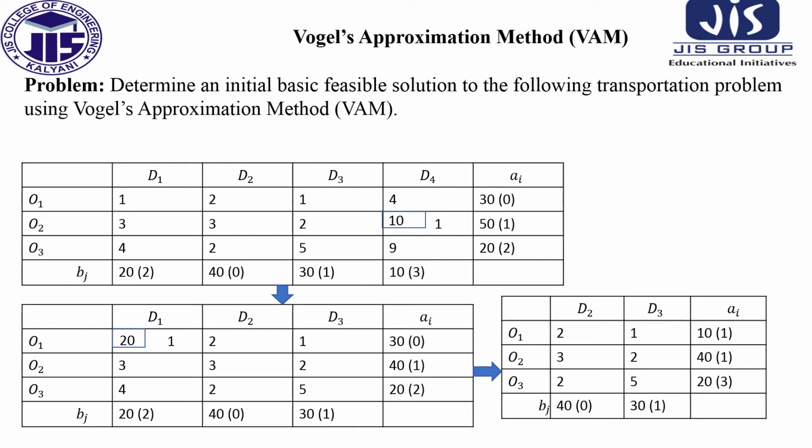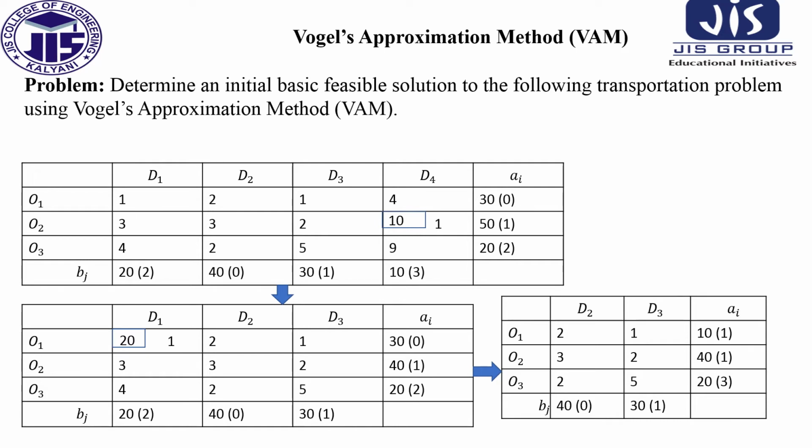First we check the O1 row. In this O1 row we see 4 costs: 1, 2, 1, 4. Among these 4 values, the minimum cost is 1 and the next minimum is also 1. So we subtract the minimum value 1 from the next minimum value 1. So 1 minus 1, this is 0.